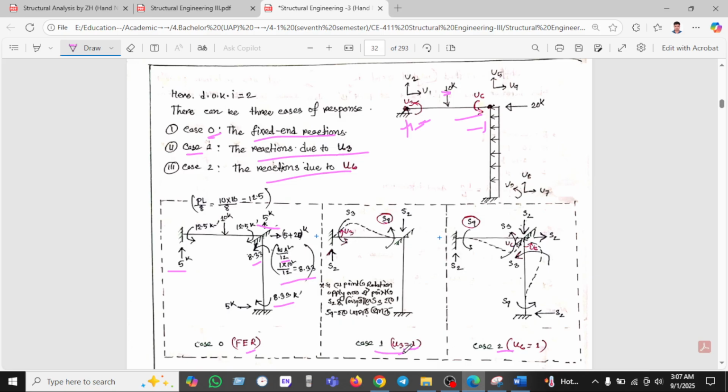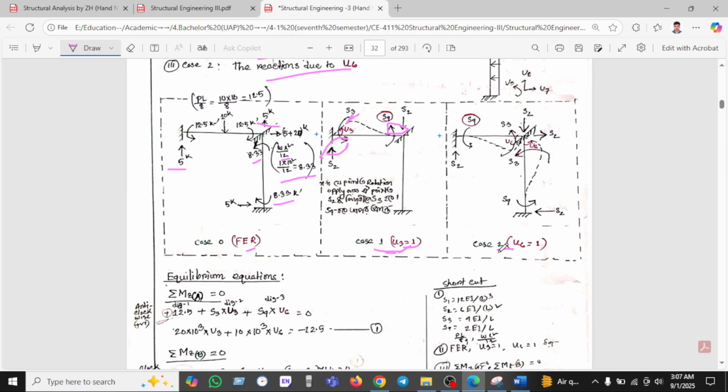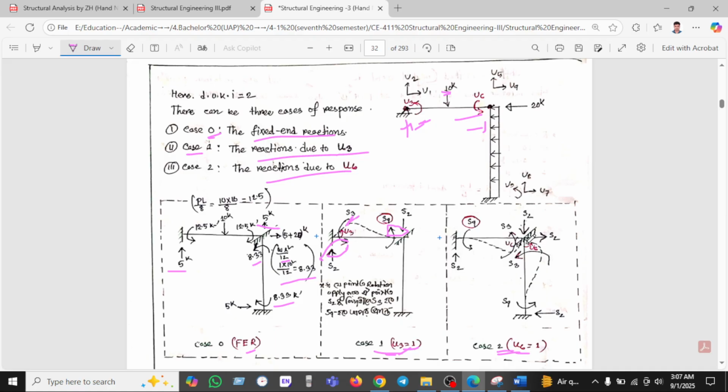Okay, let's see U3, which means this is the rotation. F3, and S3 will be the stiffness corresponding to U3. U3 and U2 will be in the opposite direction. And the same thing, the opposite point will be shown here. S4 and S2 will be in opposite directions. Another one we can see, U3 means rotation will be taken with respect to this point.